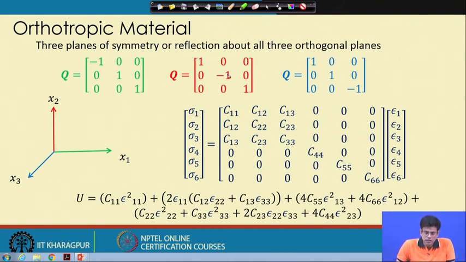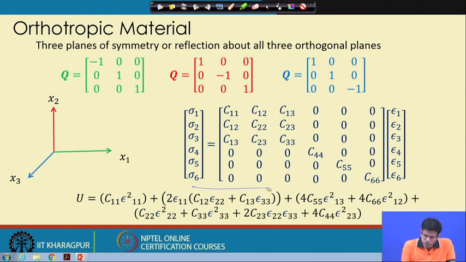What we did in the last lecture is that we assumed 2 planes of symmetry and derived it. It can be proved that if 2 planes of reflection symmetry exist, then the third plane also has reflection symmetry. So this is the constitutive relation that we derived in the last class.